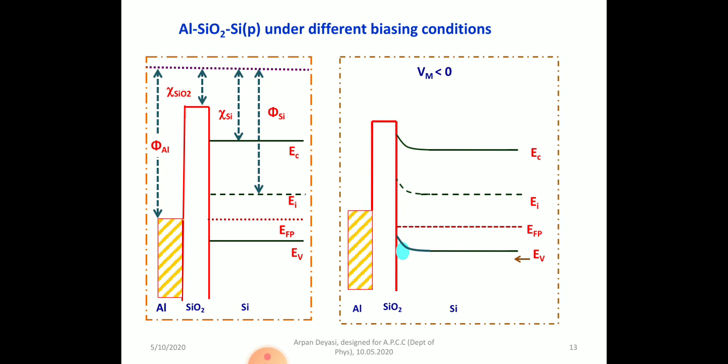valence band towards the extrinsic Fermi level. So the gap between extrinsic Fermi level and valence band decreases, and since valence band bends, the conduction band and intrinsic Fermi level will bend in upward direction with the same radius of curvature. That means conduction, intrinsic Fermi and valence band all will bend upwards.